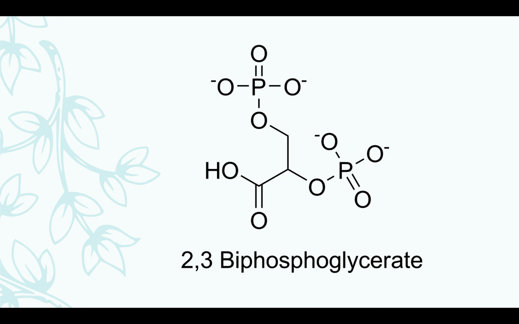Okay, this slide shows you another ligand that binds with hemoglobin. If you remember, this is one of the allosteric effectors of hemoglobin. So your 2,3-bisphosphoglycerate. Now again, I just want to reiterate that binding of an allosteric effector to hemoglobin causes structural change, and that change would consequently affect the oxygen binding capacity of hemoglobin.